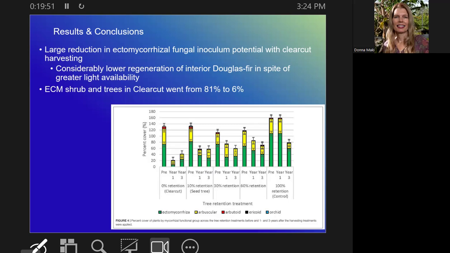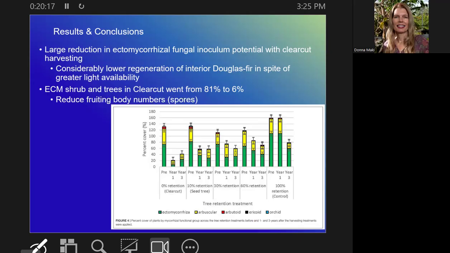So this was an important point they made too, that the shrubs and trees that hang out with ectomycorrhizal fungi are like a reservoir for mycorrhizal fungi. They were nailed as well. In the clear cut, they got decimated. They went from 81% coverage to 6%. And so that clear cutting not only was taking the Douglas fir trees, of course, but all the shrubs and trees that serve as a reservoir for the ectomycorrhizal fungi.